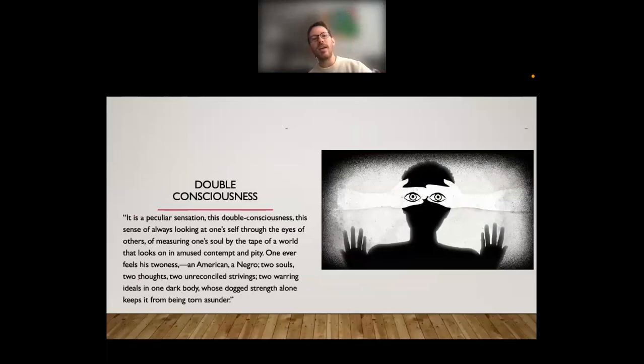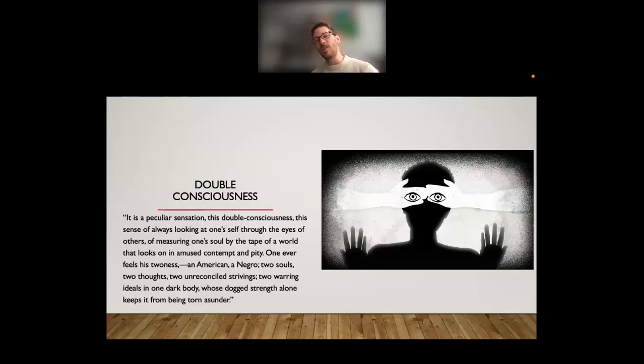This is a requirement of having to look at oneself through the eyes of others. So in the US, especially during the time of Du Bois, it was, quote unquote, a white man's world through which the culture, religions, and the economic system were all created through the white man's view.